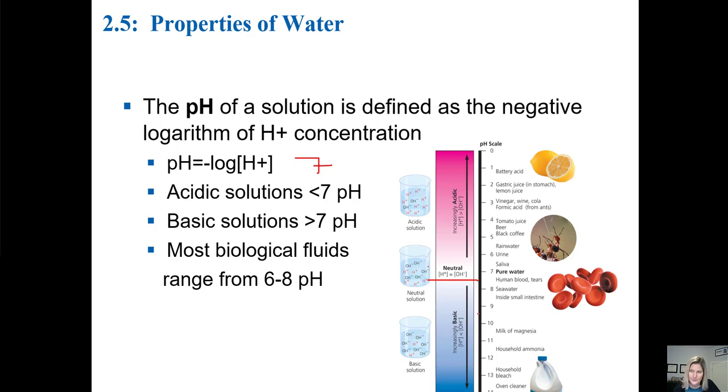And so that's going to increase the pH. So higher pH equals basic solutions, lower pH equals acidic solutions. And as far as our biological fluids, they tend to exist right around neutral between 6 and 8. Okay.